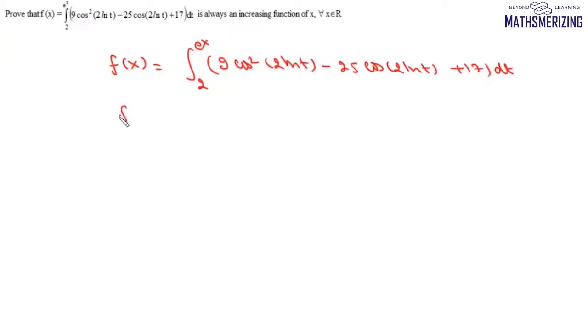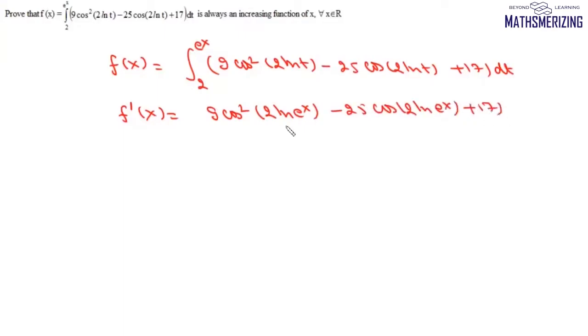So we'll find f'(x). Now f'(x) will be 9 cos² (2 ln e^x) - 25 cos (2 ln e^x) + 17, into the derivative of the upper limit, which is e^x, minus the lower limit is constant, so its derivative will be simply 0.